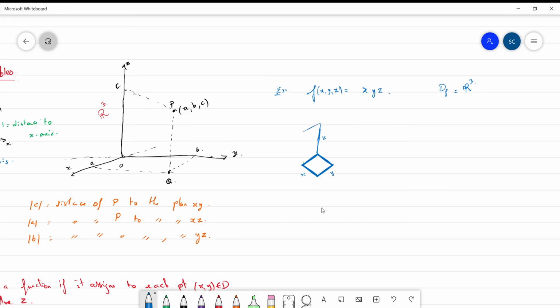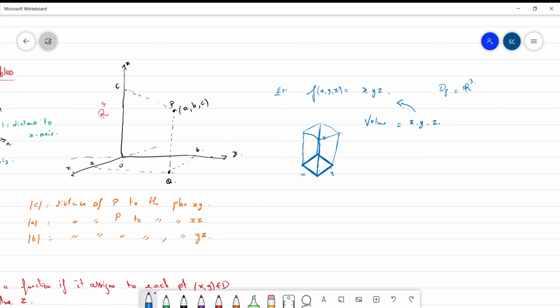So you will have something like that. If you compute the volume of this box, the volume will be x times y times z. So it is described by a function of several variables.